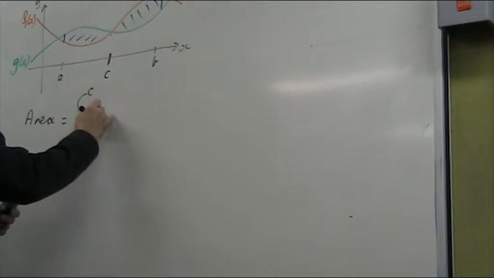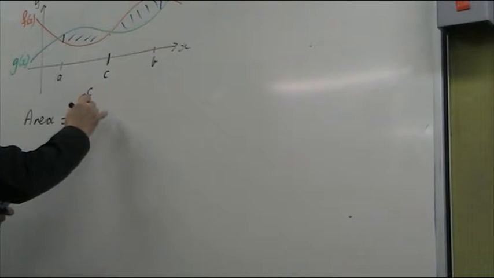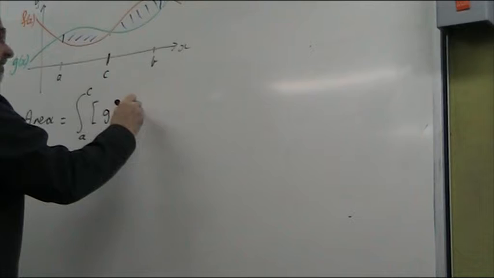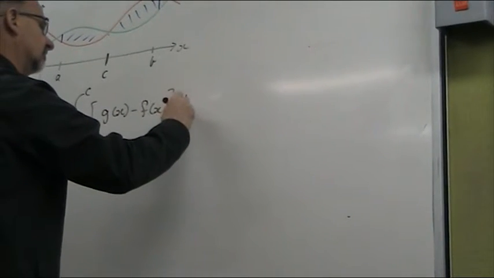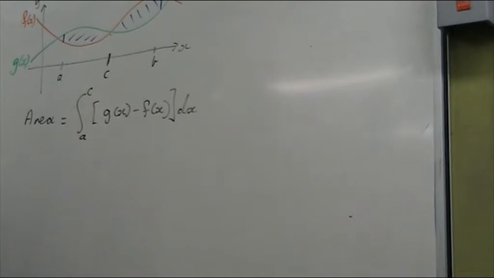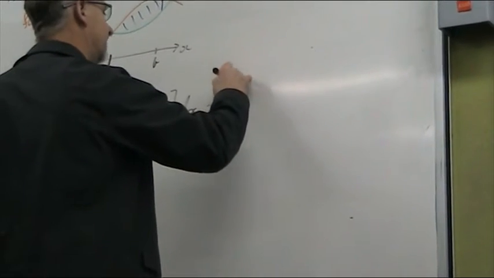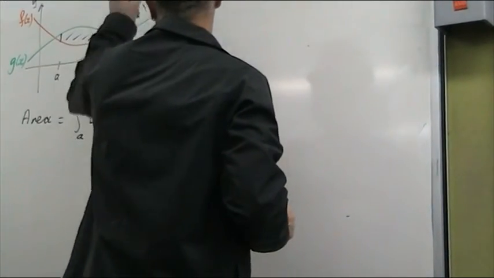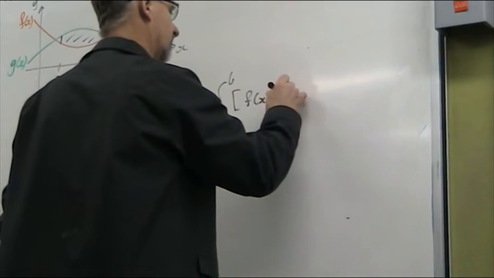So we've got to do our G minus our F in that case. And then we need to add the other bit, and the other bit is from C to B, and the orange one's on top, so it's Fx minus Gx.